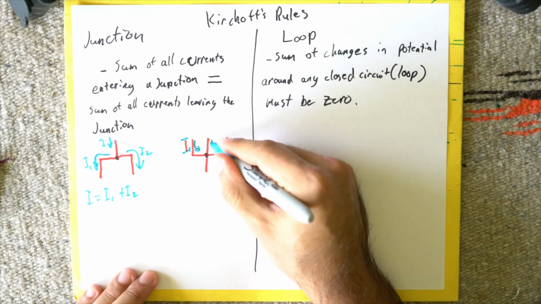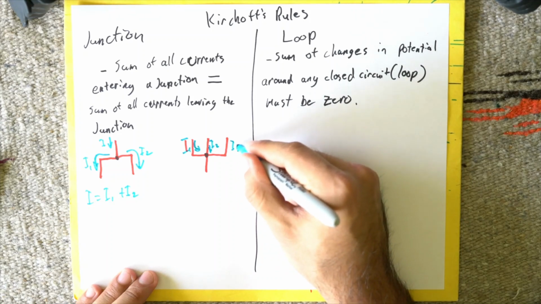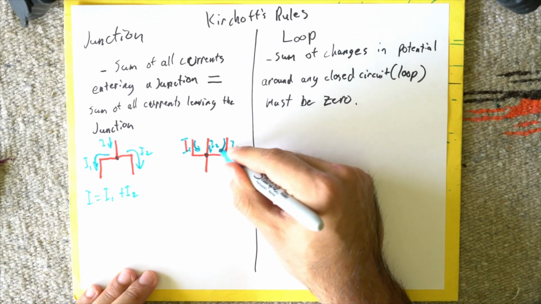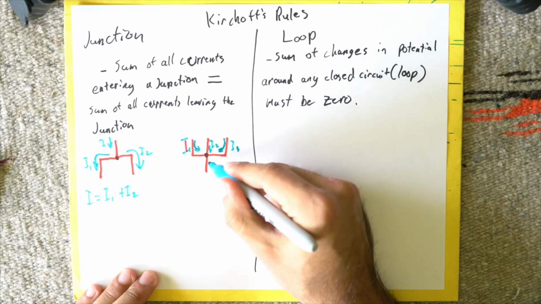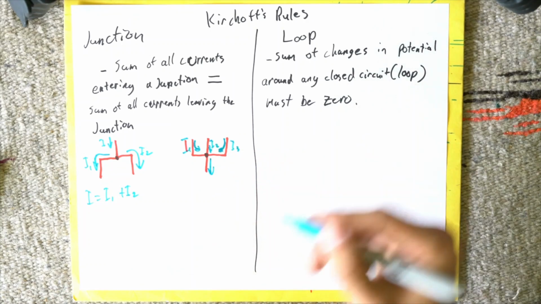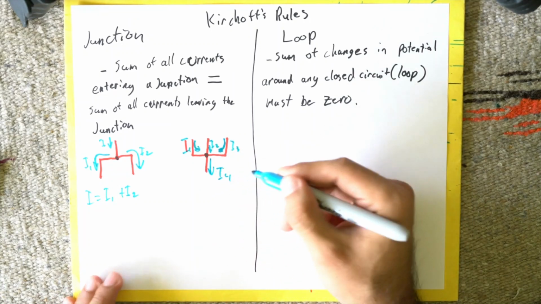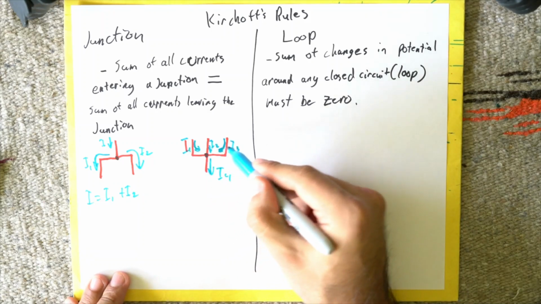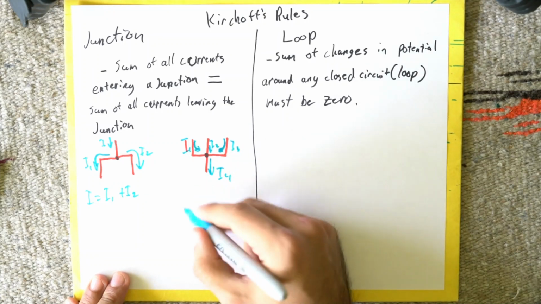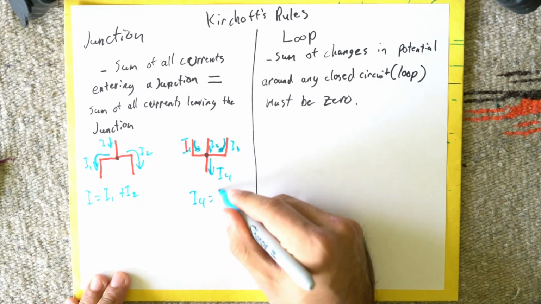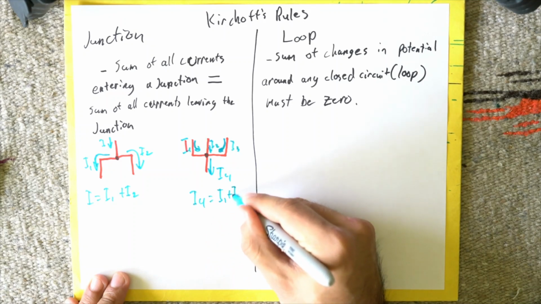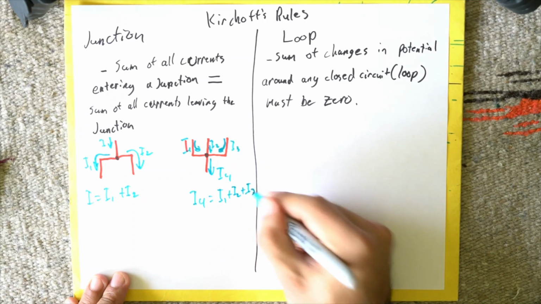We'll call this I2 going straight down, and then I3 coming in this direction, and they will all converge right here. And we'll call this I4. So in this case, I1 plus I2 plus I3 equals I4, or I4 equals I1 plus I2 plus I3.